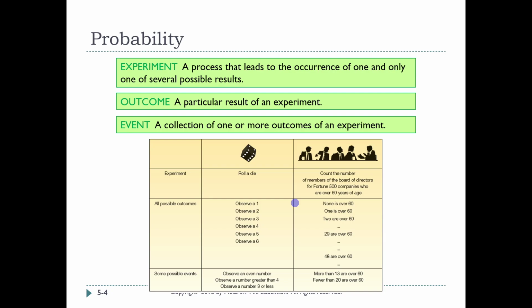Next, outcomes are any possible result that could be from that experiment. Pretty straightforward. When we're rolling a die, you're going to observe one of those 6 outcomes, or if we're rolling 3, some 180 different outcomes or something.